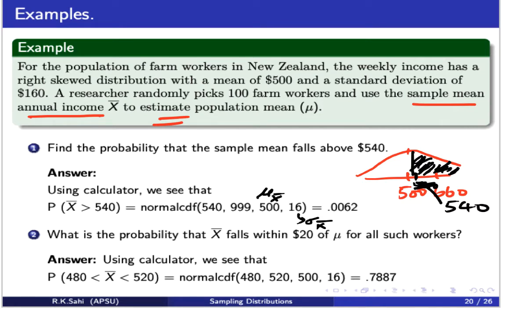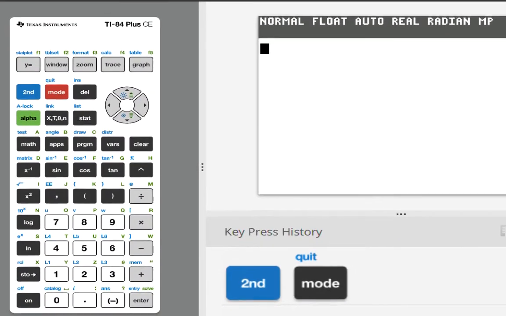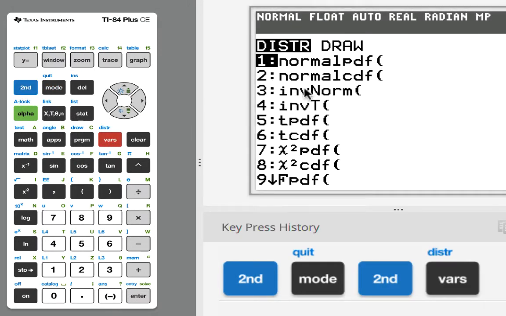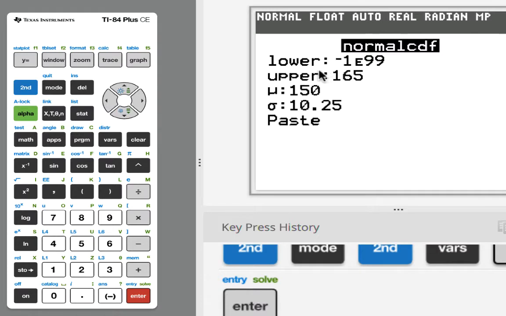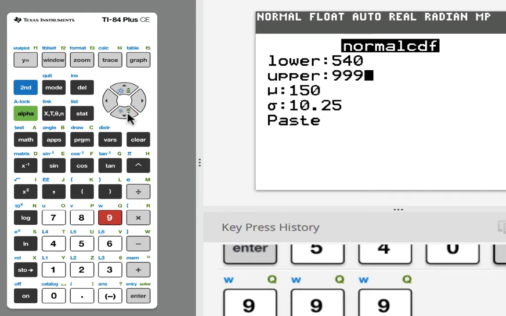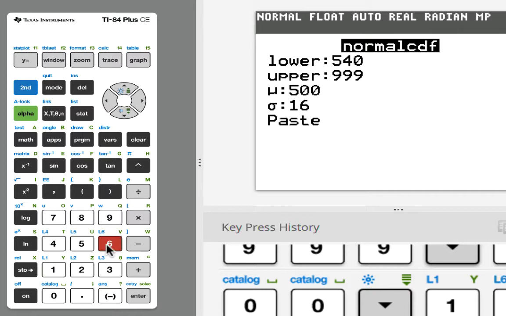Now let's go ahead, take your calculators out. We would like to see it. Click on second and VARS. Now you want to go to the number 2, normal CDF. Take your cursor to number 2, press enter. So you will have a lower limit. The lower limit is 540. The upper limit is 999. The mean is 500. And the standard deviation is 16.